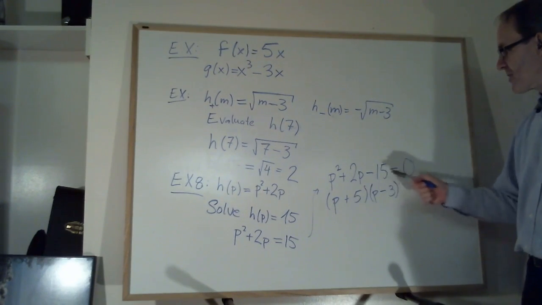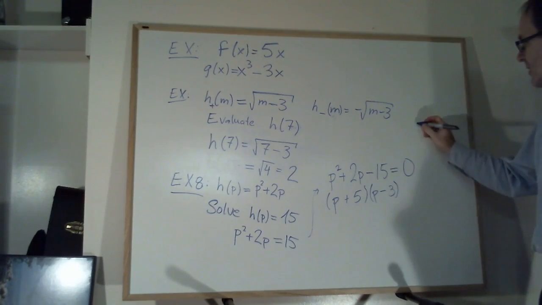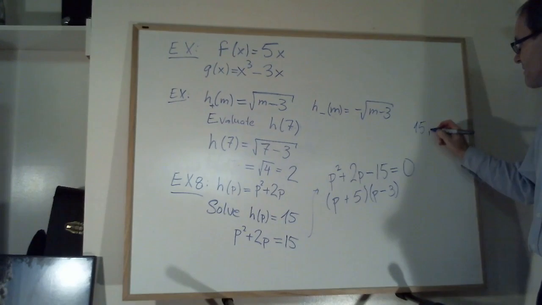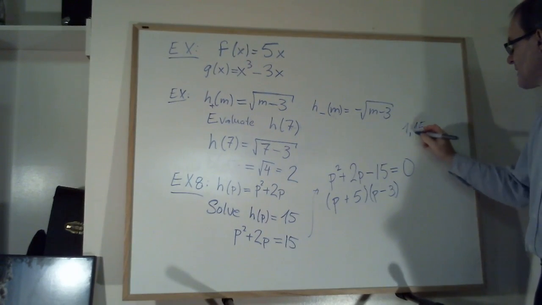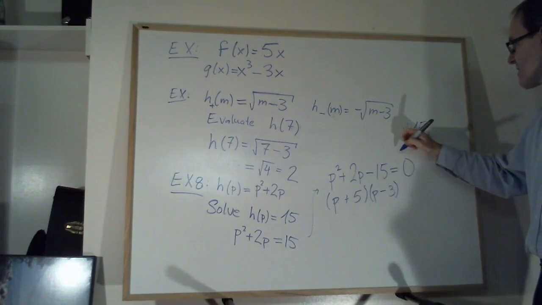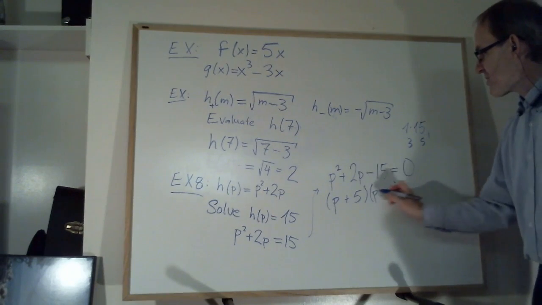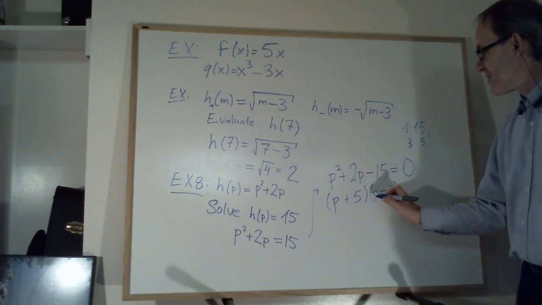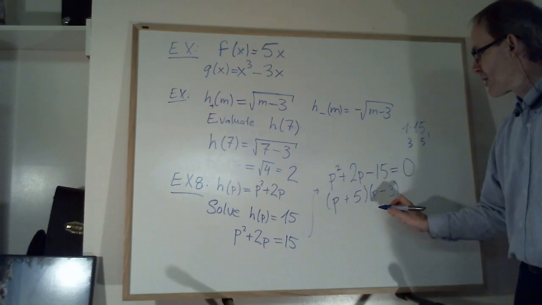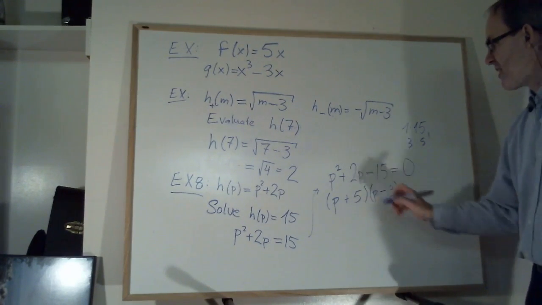You look at all the factors of 15, remember? 1 and 15 is a pair. 3 times 5 is another pair. And right away you can see that's going to work, not the other one. Because they're opposite signs, you subtract them and use the sign of the bigger. You assign the plus to the bigger value, so you get a plus sign here.